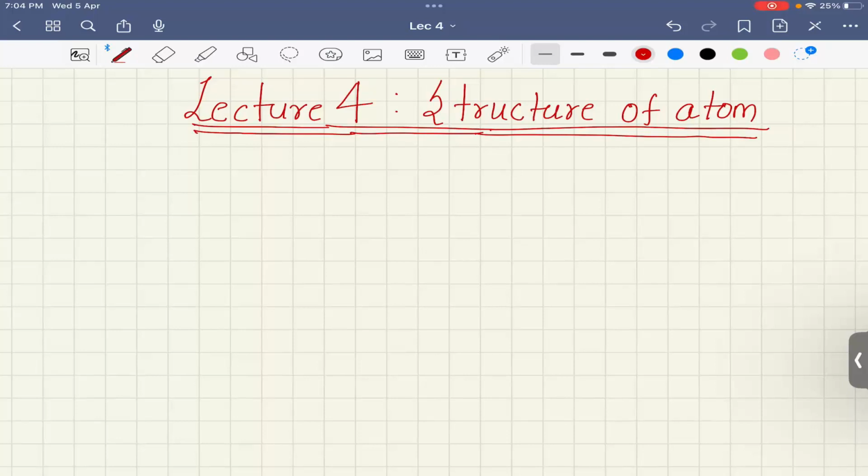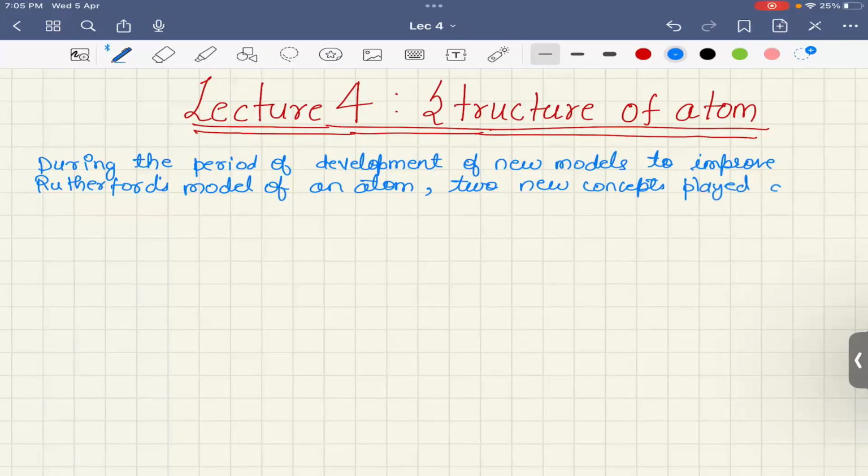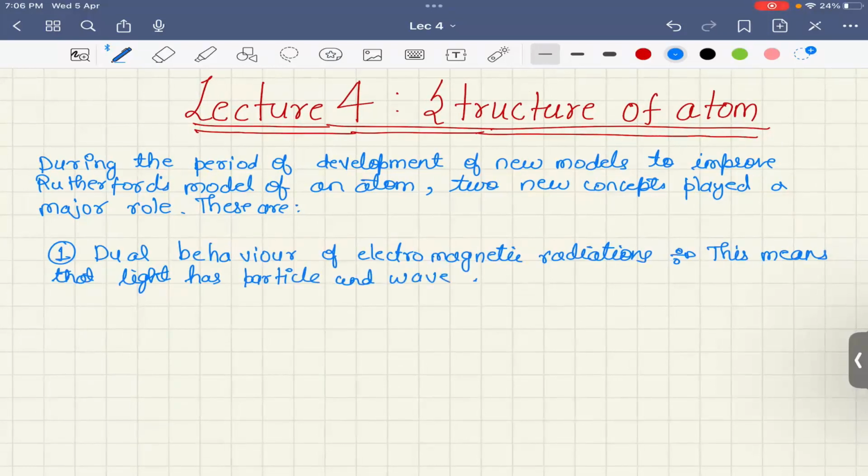So let me first write this down. During the development of new models to improve Rutherford's model of an atom, two new concepts played a major role, right? These are the dual behavior of electromagnetic radiation: light has both particle and wave-like properties. Number two, atomic spectra.